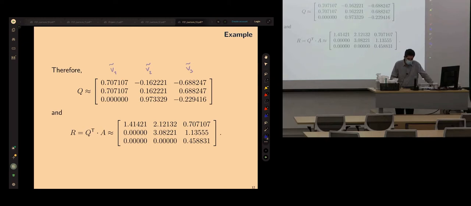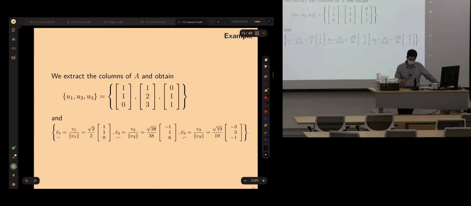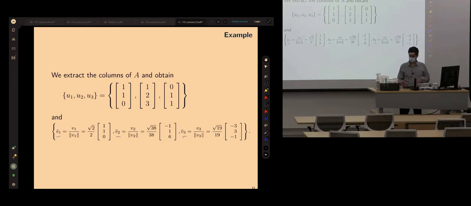So let's stack them in Q in a row, and then create Q. Why approximately? Why is this not exactly Q? Because we're dealing with radicals, so it's not exact since it's technically infinite. You see a lot of square root of 38 divided by 38, square root of 2.